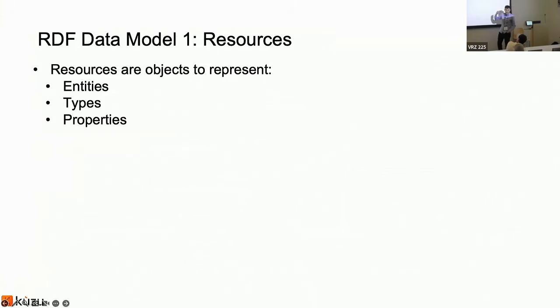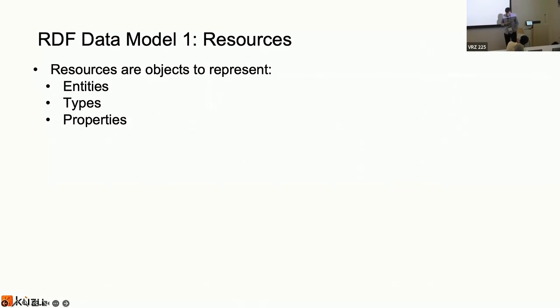This will take a bit of time because it's a little more complex, but the data model consists of these things called resources, which are really your objects. Compared to the property graph model, you also had these objects, just these nodes, right? But in the property graph model, those nodes are really just entities, the real-world objects that you're storing.